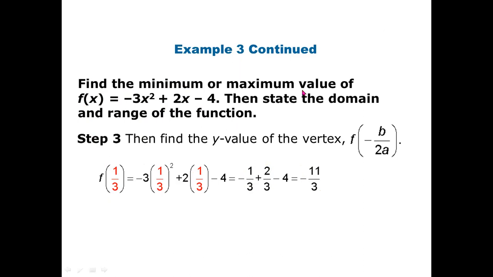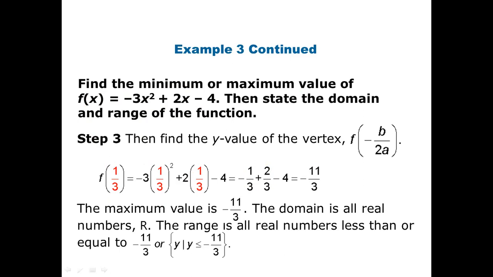And then next, the maximum value is -11/3. So the domain is real numbers R, and then the range is all real numbers less than or equal to -11/3. Okay, so again, the x value of the vertex is 1/3 and the maximum value is negative 11 over 3.